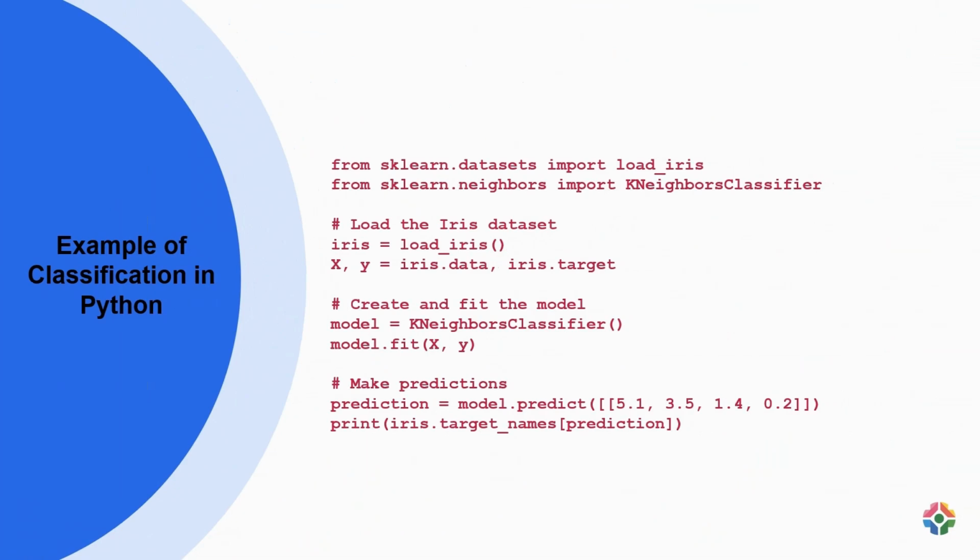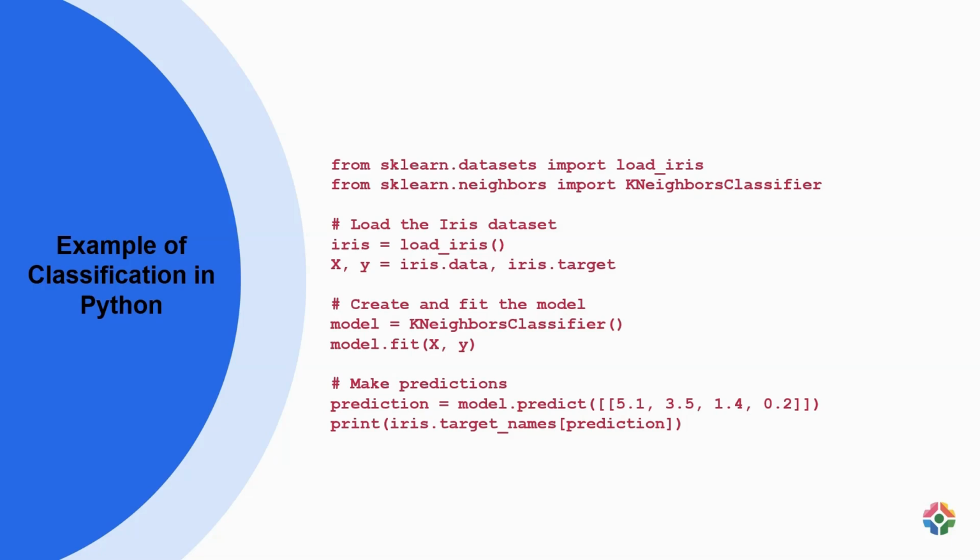To begin, we import the necessary libraries, load_iris from sklearn.datasets and KNeighborsClassifier from sklearn.neighbors. We load the iris dataset using the load_iris function and store the input data as X and the target variable as y. Next, we instantiate a k-nearest-neighbors classifier model with KNeighborsClassifier. We then train our model on the dataset using model.fit(X, y) to learn the relationships between input data and corresponding targets.